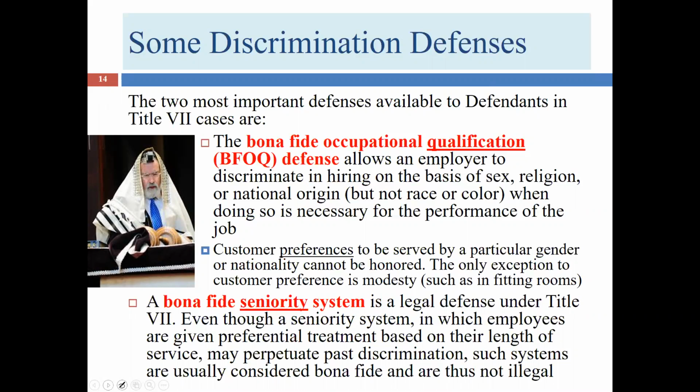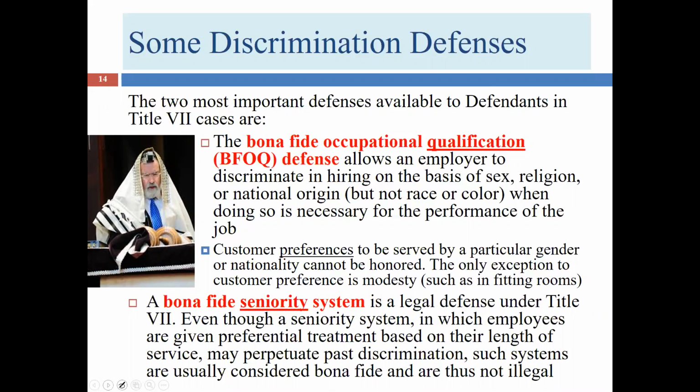But because there is a religious aspect to this kosher designation, an observant person of the Jewish faith would not be satisfied with me, a Methodist, or you of a different faith journey, saying that everything was kosher. And so as a result, Hebrew National has to employ rabbis to take this last step, or take the step to confirm the kosherness of the items. And so that would be an example of a BFOQ.